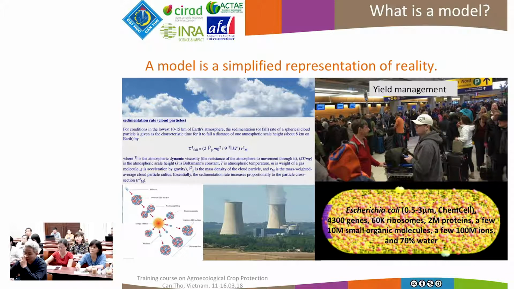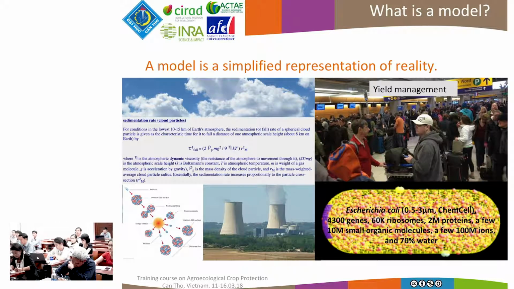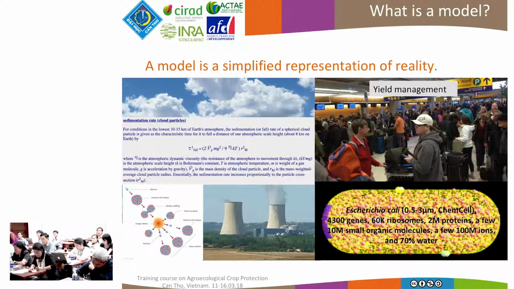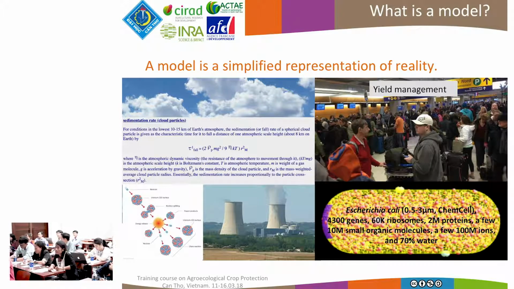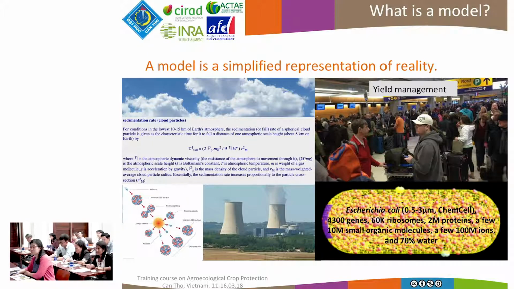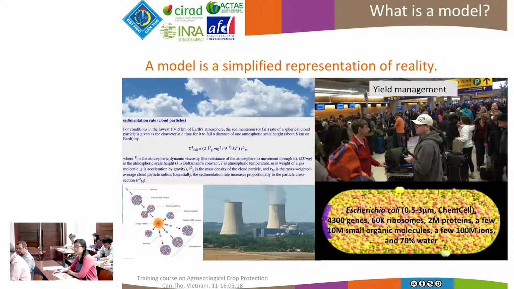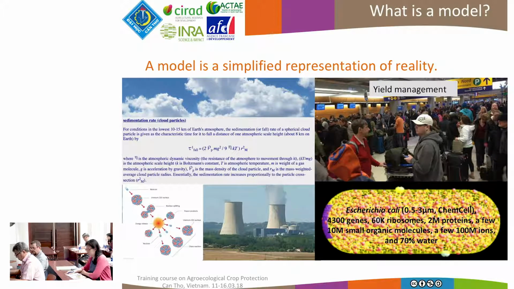With that, you're able to predict what the weather will be and what the rainfall events will be and so on. Behind this type of model, you have a mechanistic, simplified representation of reality in the field of weather science or climatology.